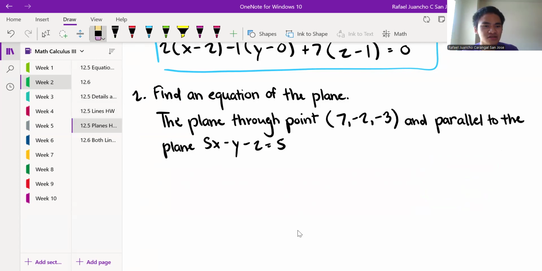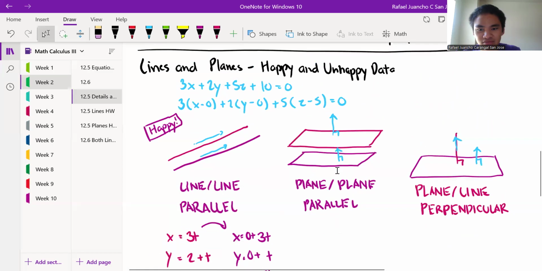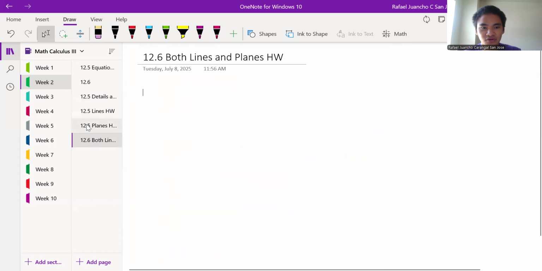I don't know if it has to be parallel. Let me double check. Oh no, look, it's different. Okay, so their normal vectors are the same, but I drew it the wrong way.